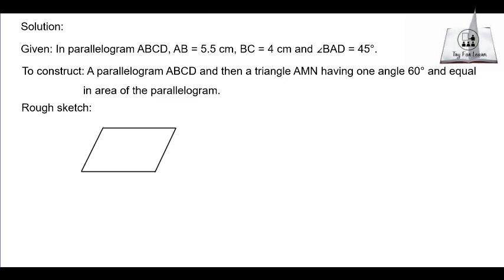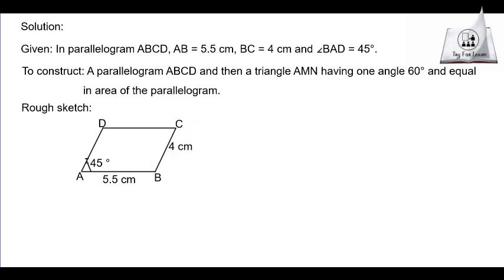You can name this parallelogram ABCD, and also you can write the lengths and angles which are given in the question. This is parallelogram ABCD where AB is given 5.5 cm, so let's write here 5.5 cm. BC is given 4 cm, so write down here 4 cm. Angle BAD is given 45 degrees.